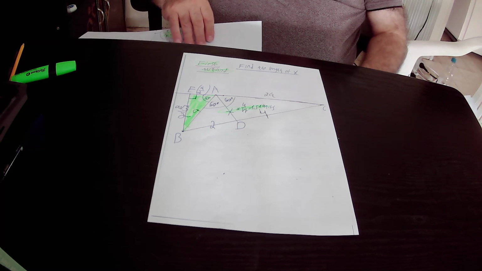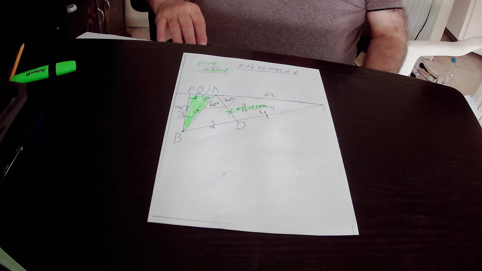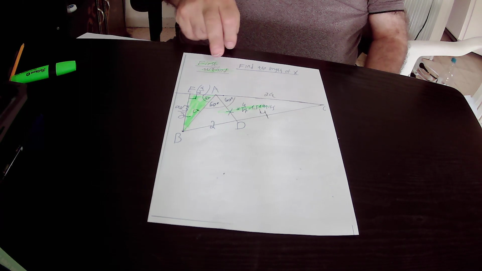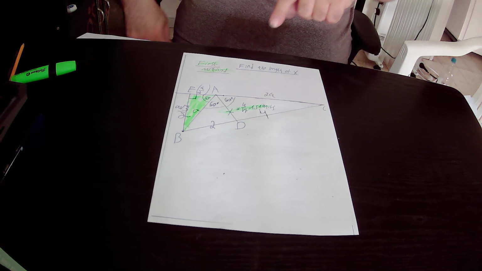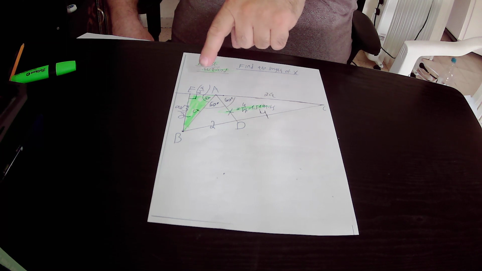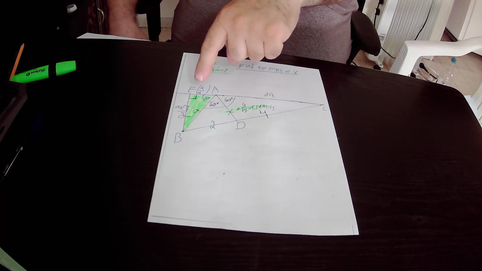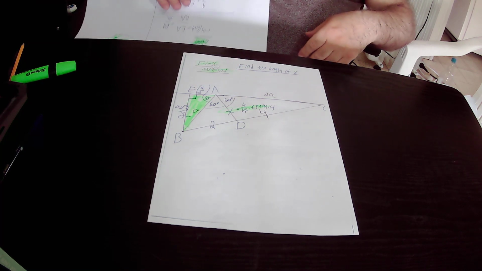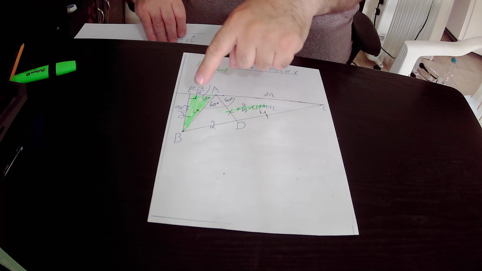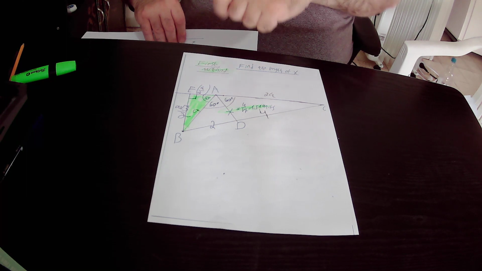Okay, then we made the construction. We extended side CA of triangle ABC by a straight line, and then from point B we raised a perpendicular to the extended CA. So this angle equals 90 degrees according to our construction. Repeat again, angle AEB equals 90 degrees according to our construction.